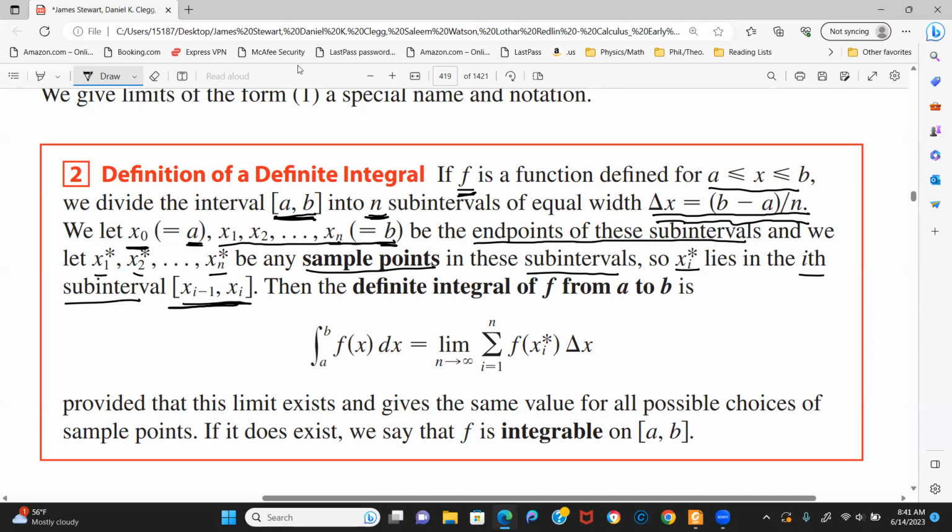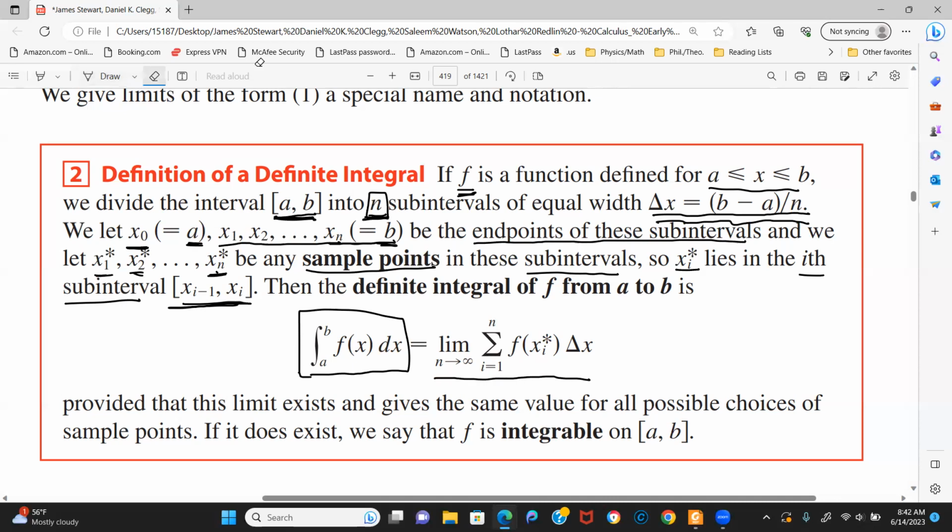This is for every n, this n right here. So you just let n be arbitrary, any arbitrary number, and then you pick these points. Then we define this symbol right here as this limit right here, which is exactly the limit we were looking at in the last section.